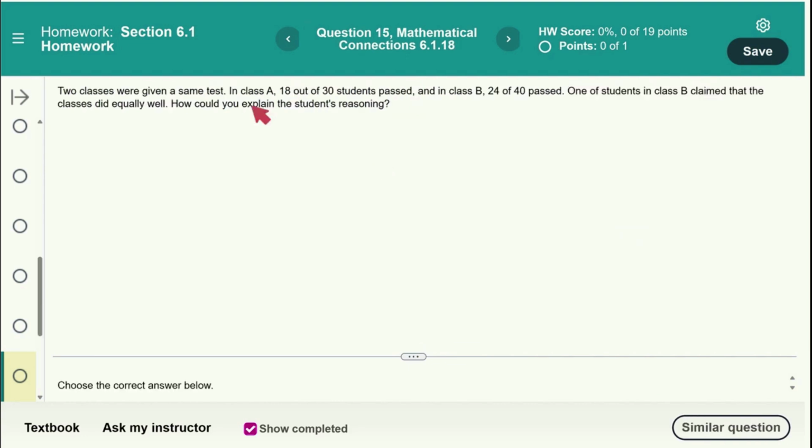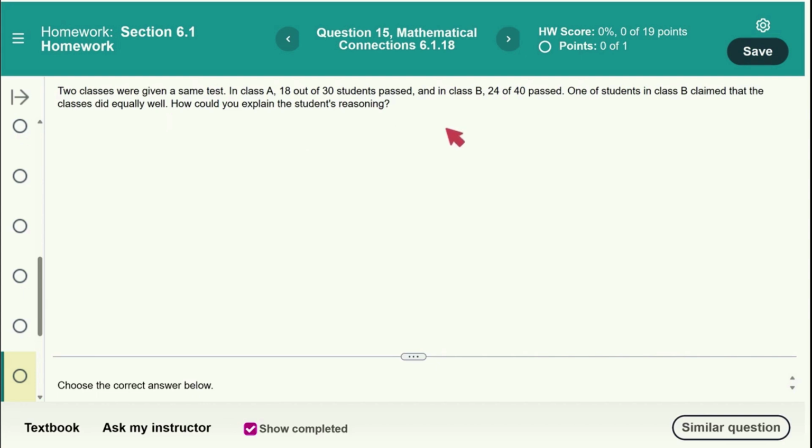All right, so here we have two classes that were given the same test. In class A, 18 out of 30 students passed, and in class B, 24 out of 40 students passed. One of the students in class B claimed that the classes did equally well. How could you explain the student's reasoning?